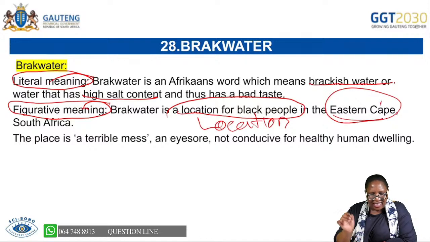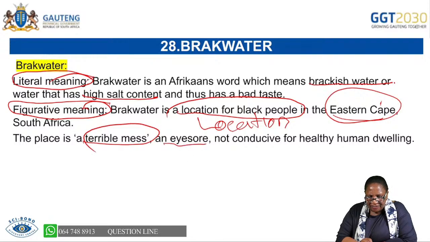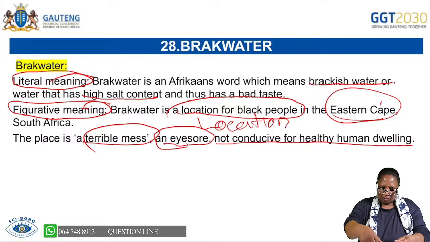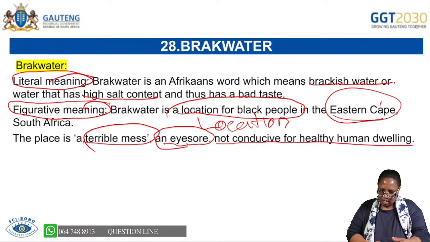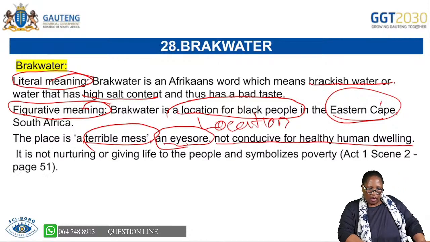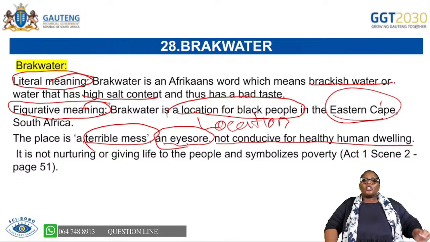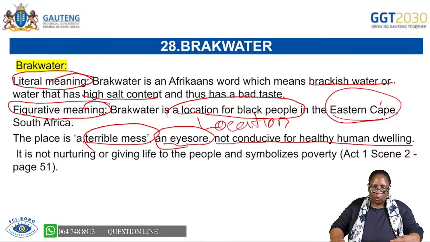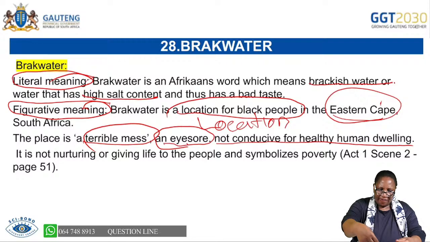It is situated in the Eastern Cape. And the place is a terrible mess. Isabel refers to it as an eyesore, and it is not conducive for human dwelling. So, that you will find in Act 1, Scene 2 on page 51.